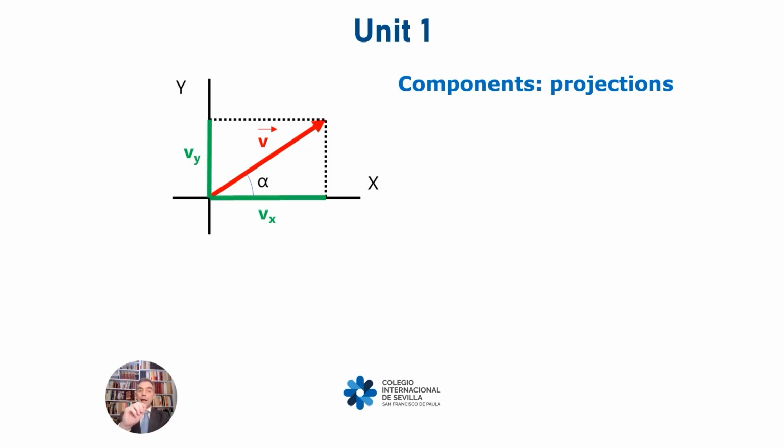We have that angle alpha. We call sine of alpha, sine of angle alpha, the quotient between the opposite side of the triangle we have drawn, Vy, divided by the length of the arrow, the hypotenuse.